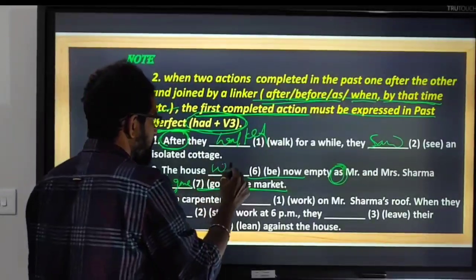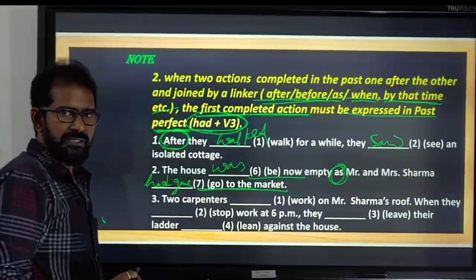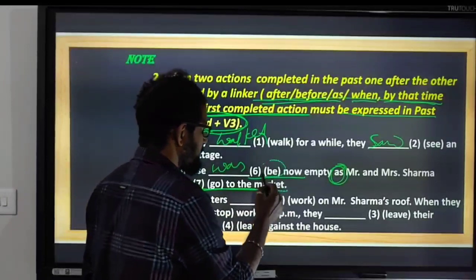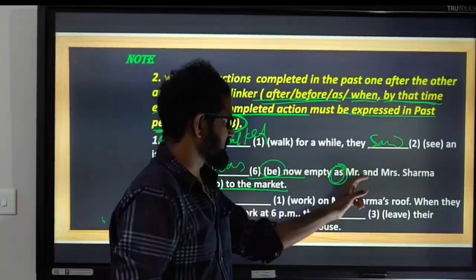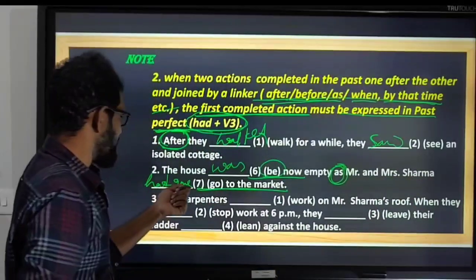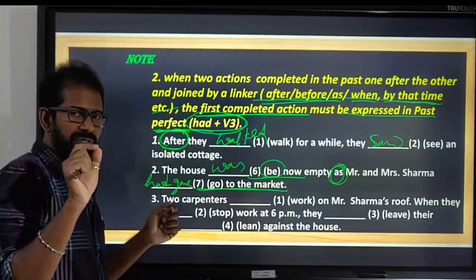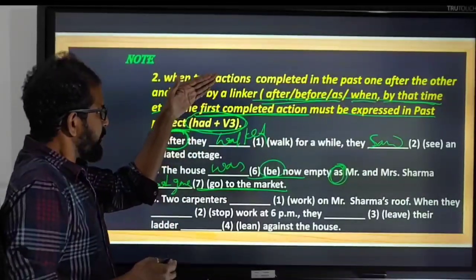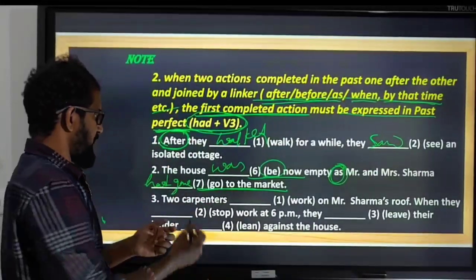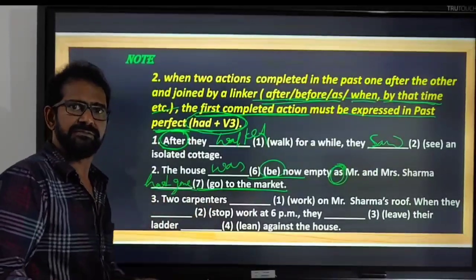The house was. This we need to fill with the simple past. So B form, past form of the B, was. Now empty as Mr. and Mrs. Sharma had gone to the market. You need to remember a point here. Very rare we get past perfect in the examination.